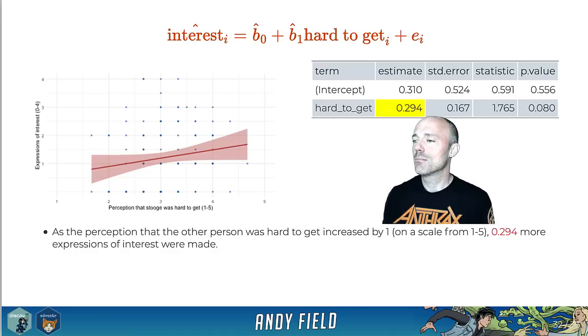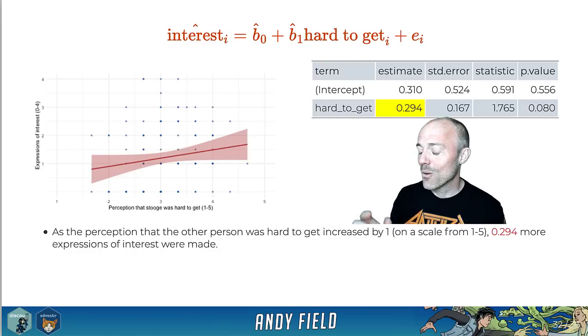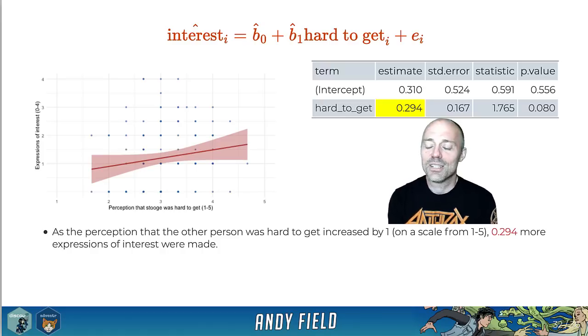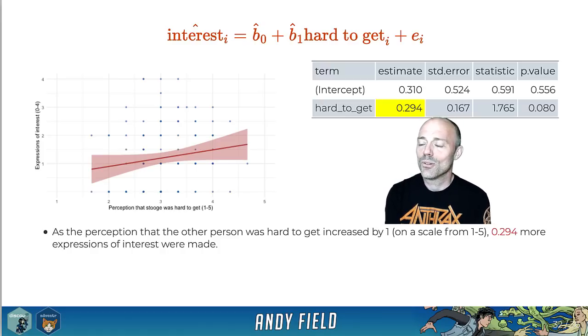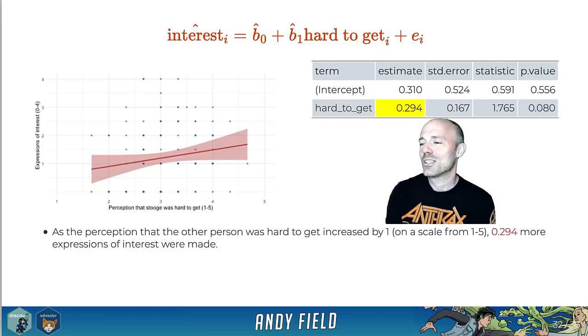It has direct meaning. So you can actually say to yourself, is it meaningful that as the perception of hard to get increases by 1 point on a 5-point scale, expressions of interest increase by 0.294? I mean, obviously you can't increase your expression of interest by 0.294. Expressions of interest are whole numbers.